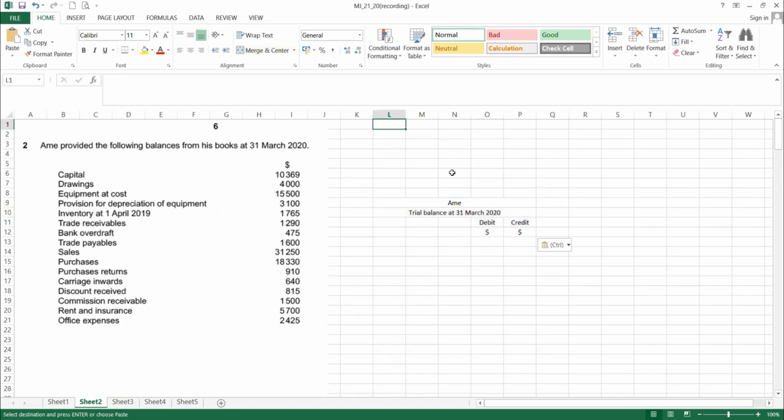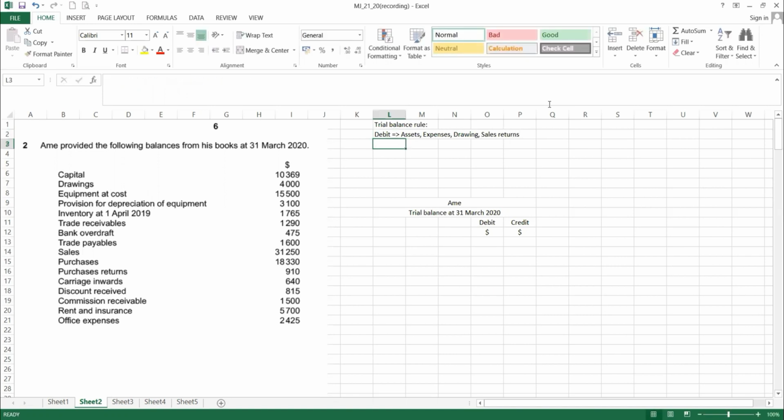Okay, the basic rule for the trial balance. In the debit, you have assets, expenses, and drawings. If you have any sales return, it is also on the debit side.